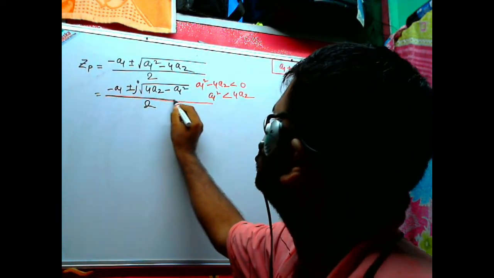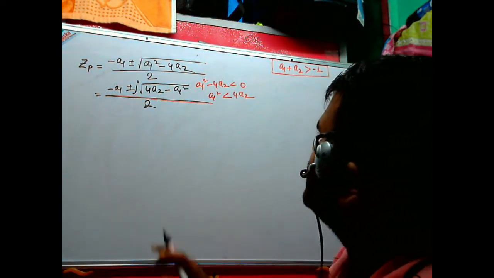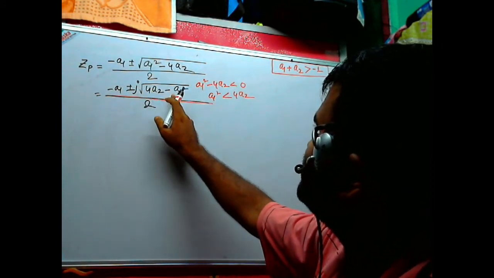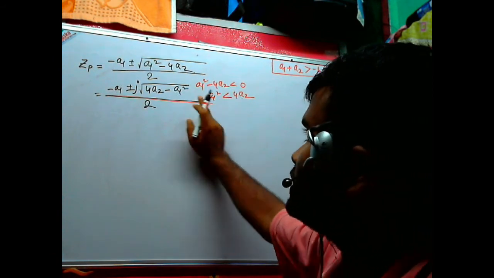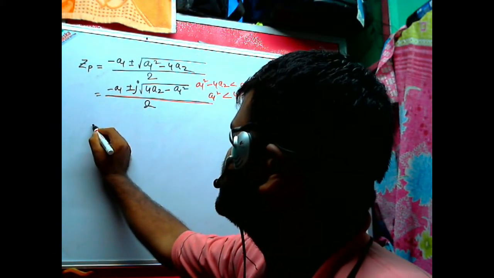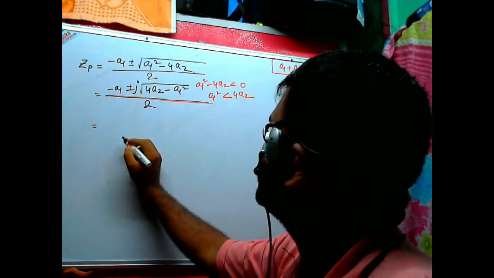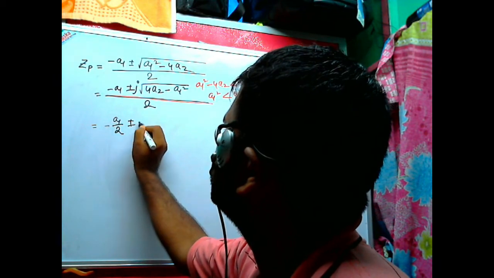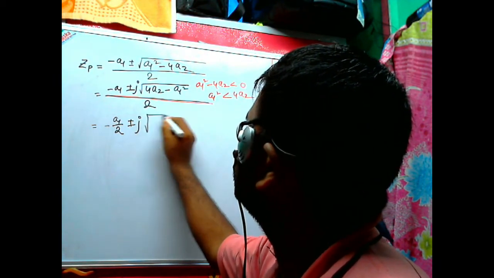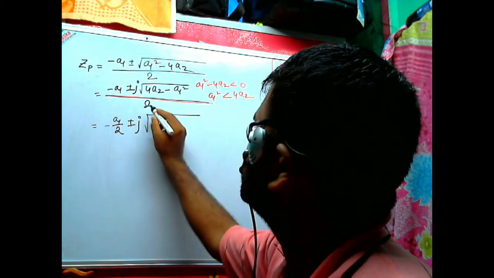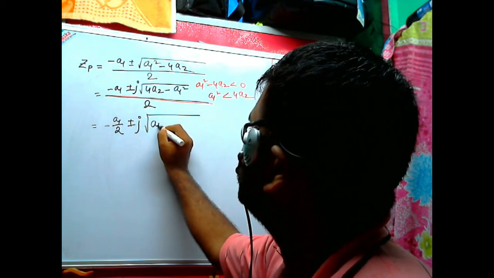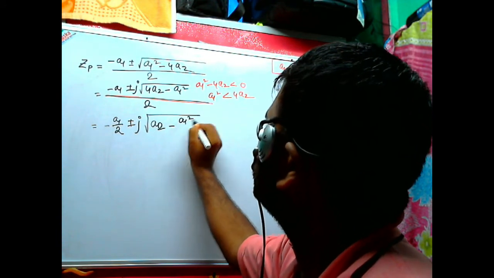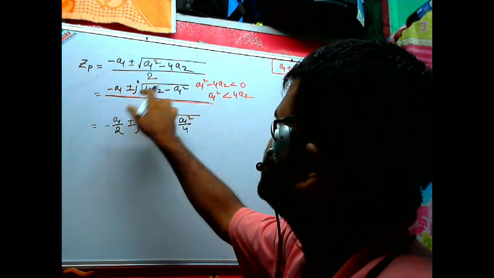This quantity 4 a2 minus a1 square is positive, so this is the complex root. We can write it as minus a1 by 2 plus minus j times the root of a2 minus a1 square divided by 4, bringing the 2 inside the root.